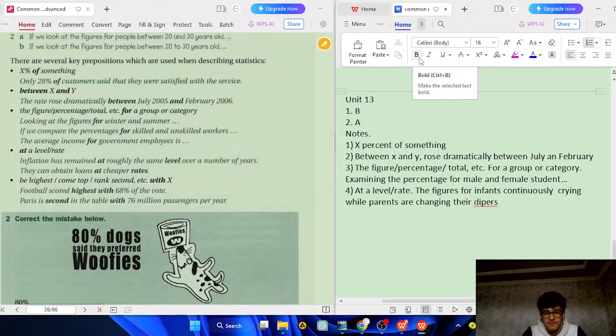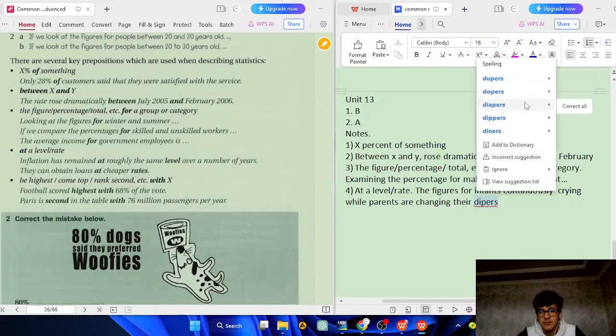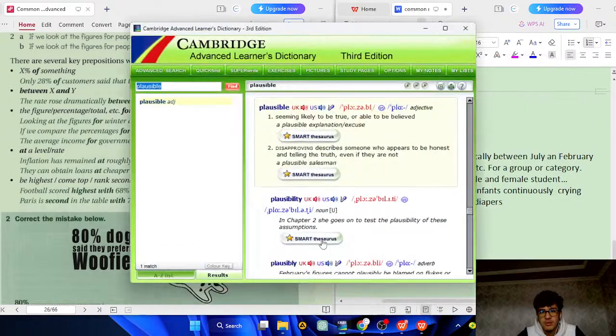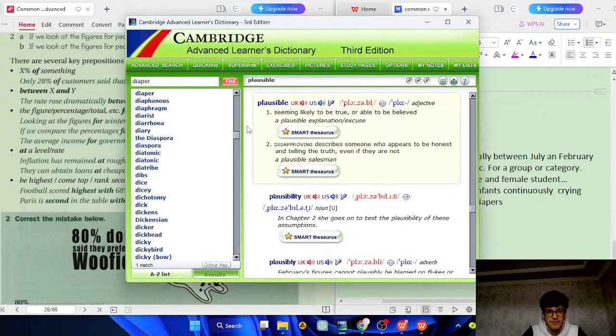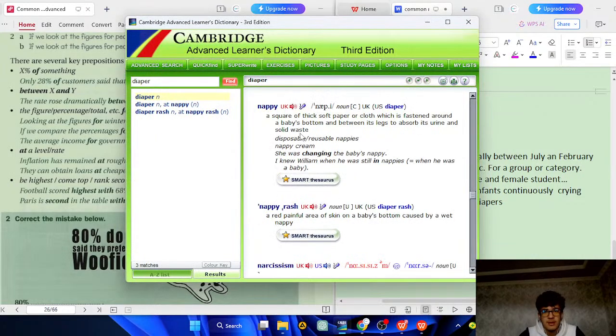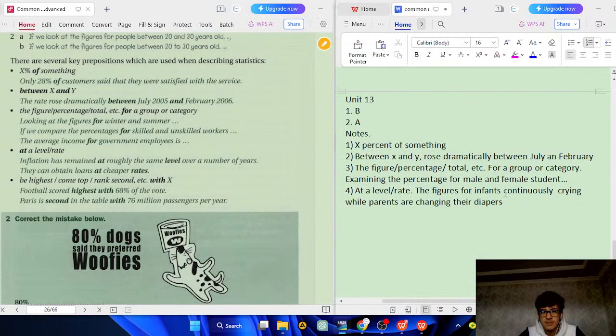Diaper. Nappy. I spelled it wrong again. Changing their diapers. I know this sentence doesn't make any sense, but I'm doing it anyways.